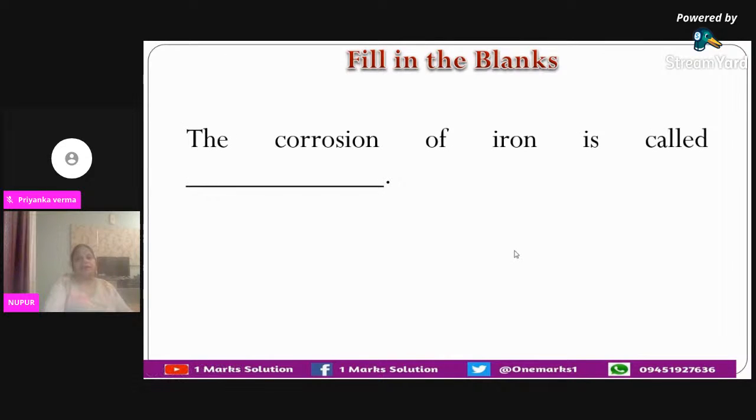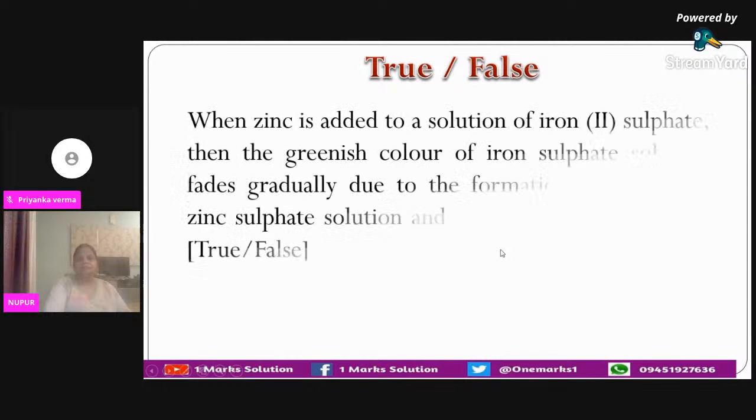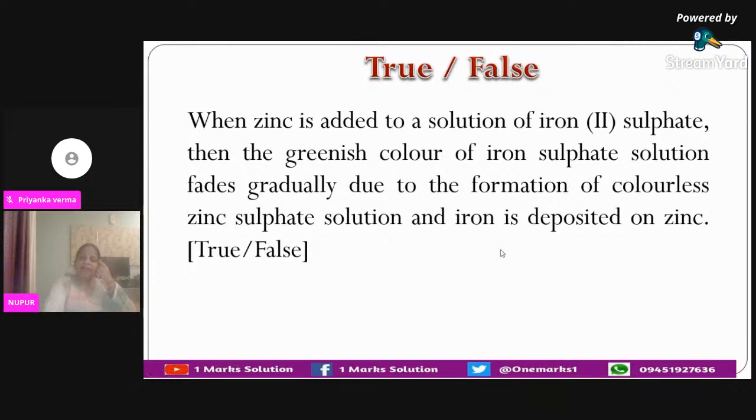The corrosion of iron. A very special name is given to it, and we have to remember that name. So corrosion of iron is called rusting. Now, when zinc is added to a solution of iron 2 sulfate, then the greenish color of iron sulfate solution fades gradually due to the formation of colorless zinc sulfate, and iron is deposited on the zinc.